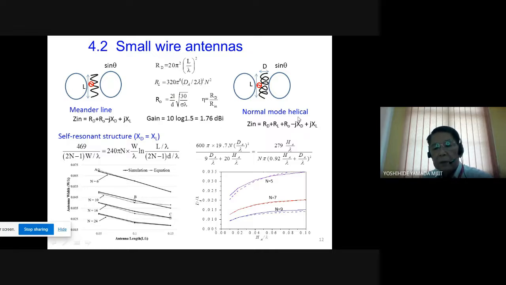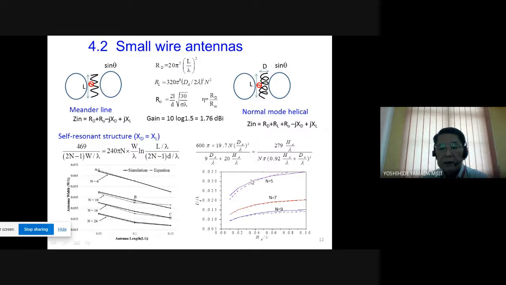In the normal mode, the inclination becomes like this direction. And the length of the antenna and the diameter of the antenna and the number of turns.